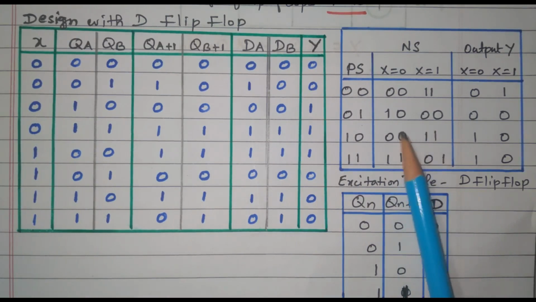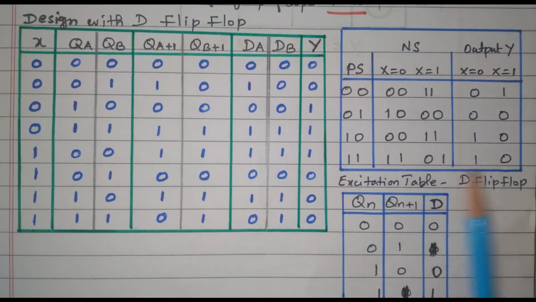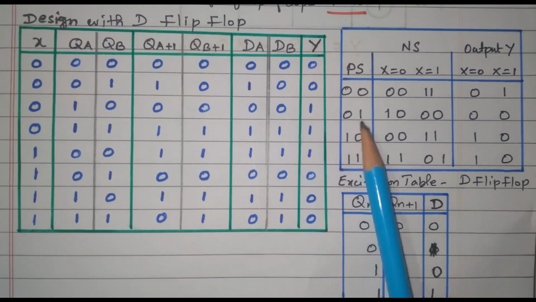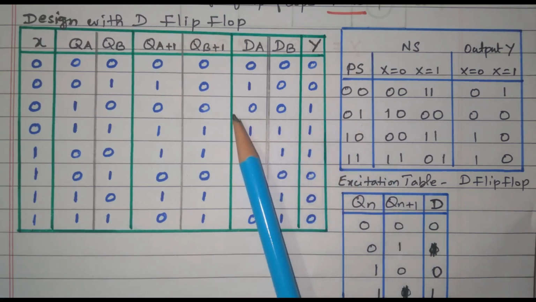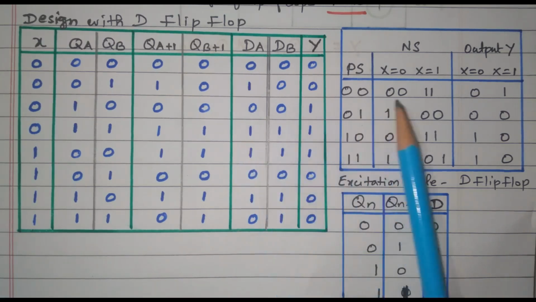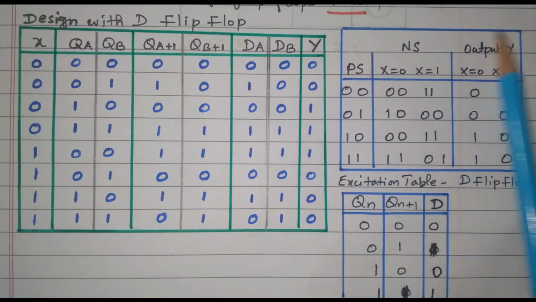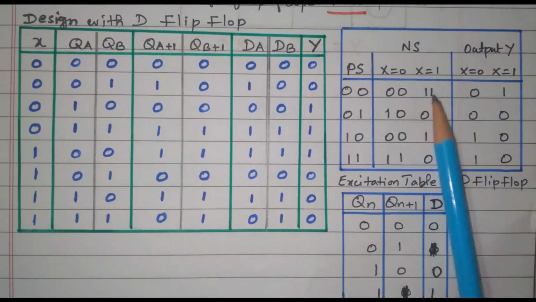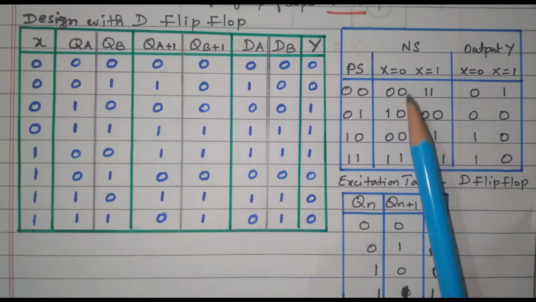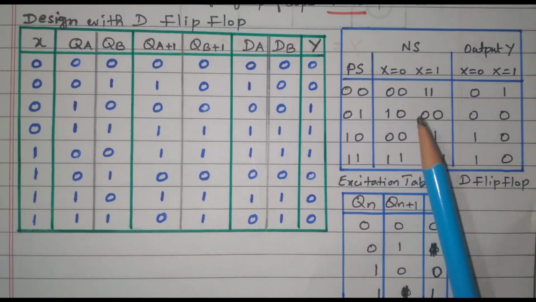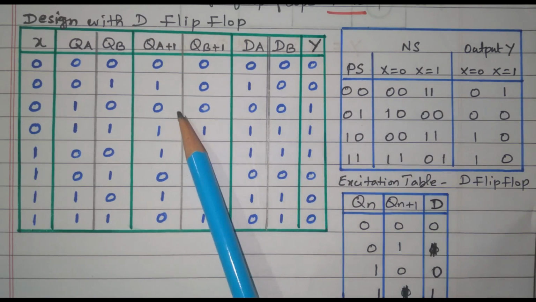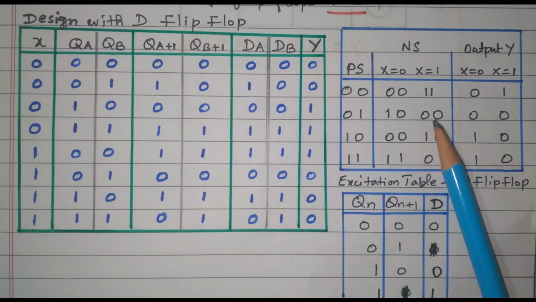This is the state table what we discussed. I drew it again in order to analyze, because this excitation table is designed from the state table. The state table is the same as what we discussed earlier. From the state table only we can design the D flip flop. So, I drew it again, right.